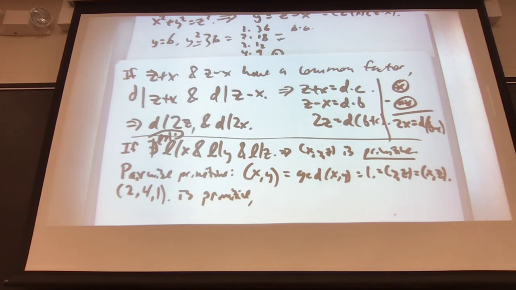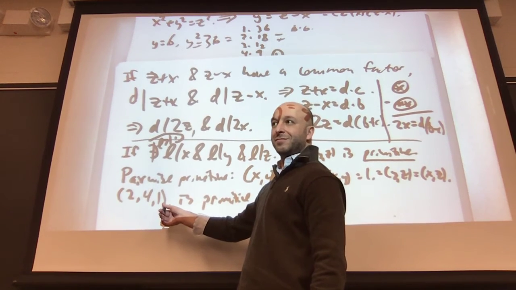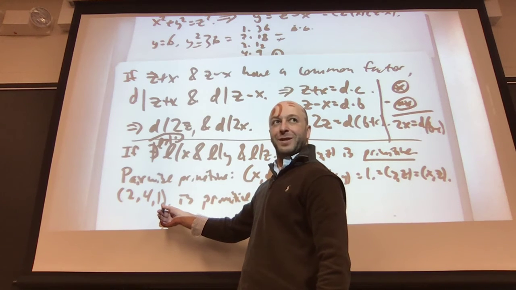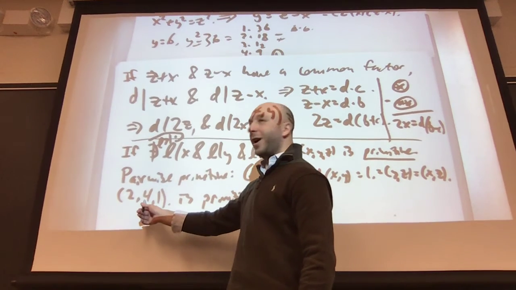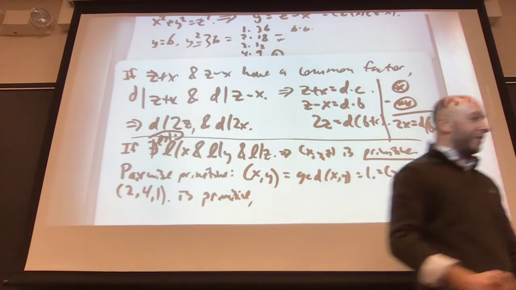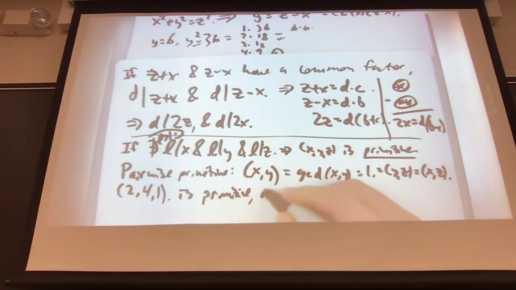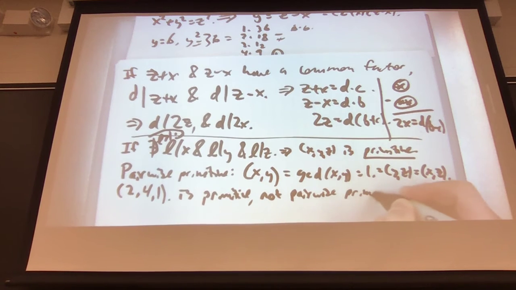Is it pairwise primitive? The GCD of y and z: 1. Everybody see that? The GCD of x and z: 1. The GCD of x and y: not 1. Okay? So it's primitive, not pairwise primitive.